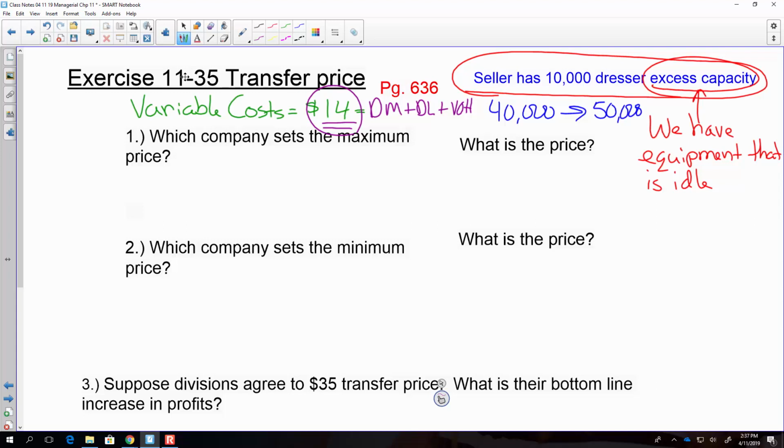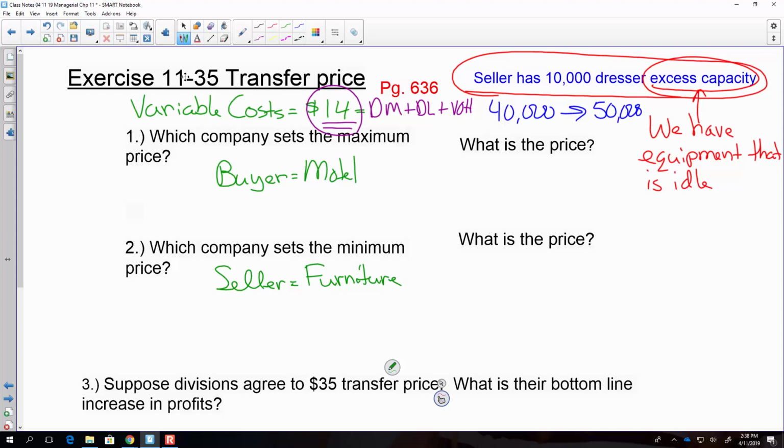So we again have the max and min question. The maximum is set by the buyer, which is the motel. The seller, which is the furniture company, sets the floor, right?